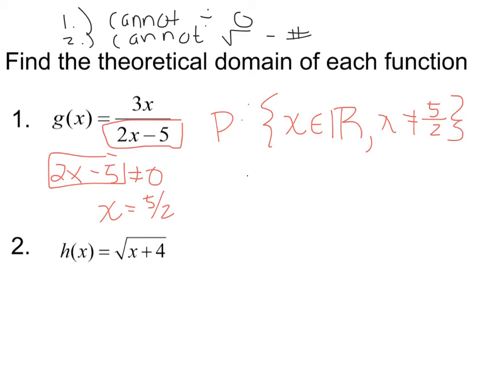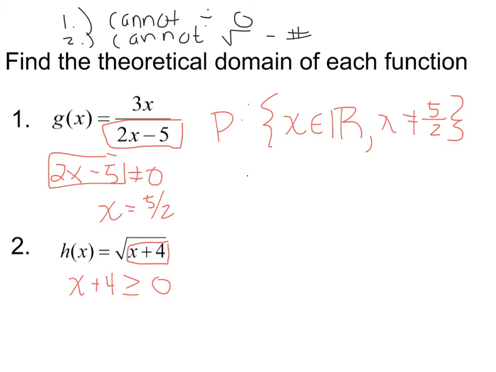X can be every other number except 5 halves, because when x is 5 halves, we violate a big math rule. My second equation, we see that if x plus 4 is negative, we're going to end up taking the square root of a negative. So I know that x plus 4 needs to be greater than or equal to 0, right?